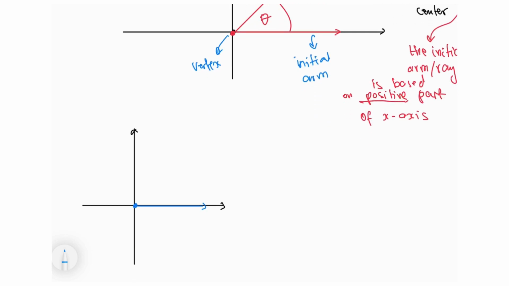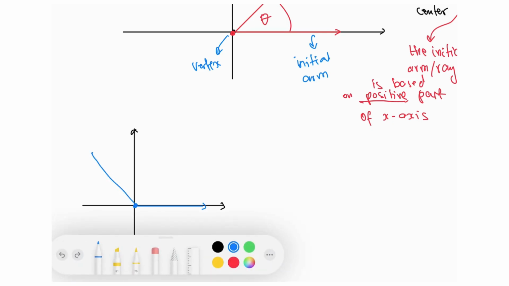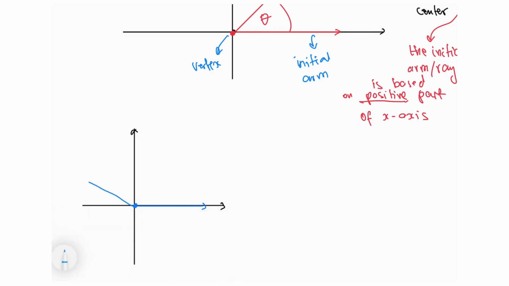Okay, here again you can have something like this. Here also, this is theta, this is standard position.